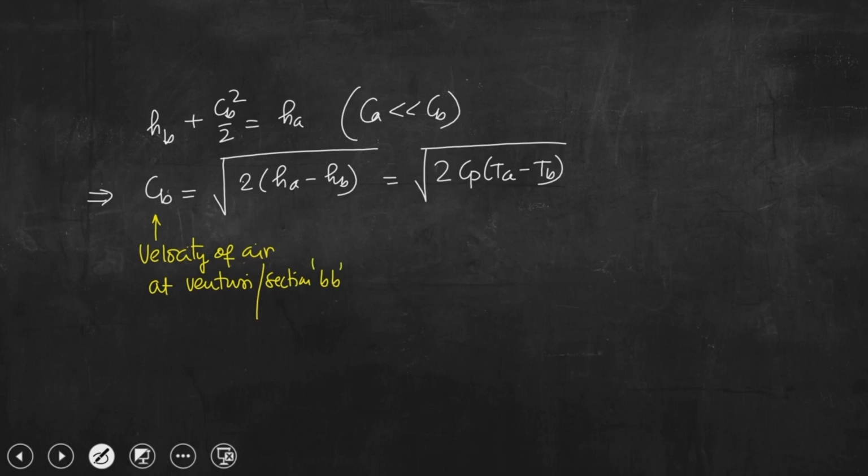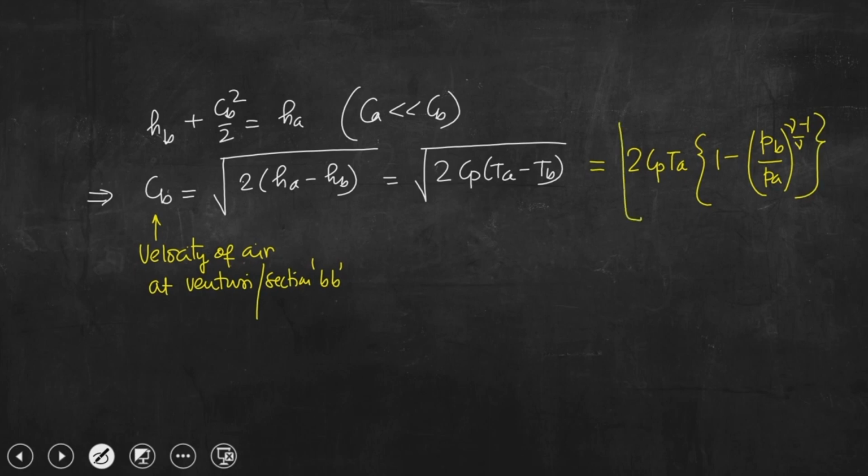If we write one step further, as we did in the last class, Cb equals 2 Cp Ta into 1 minus Pb by Pa power gamma minus 1 upon gamma, the whole thing to the power half.